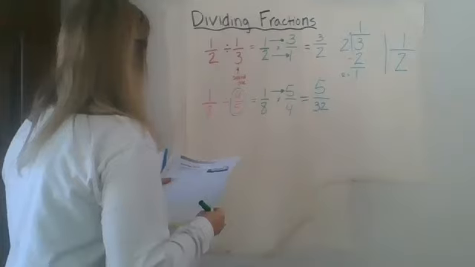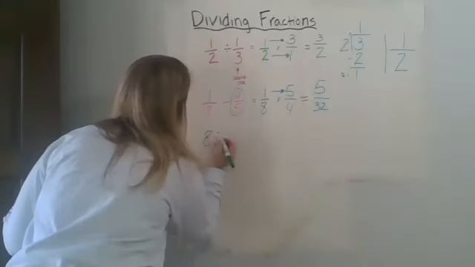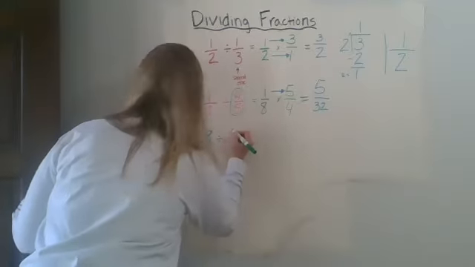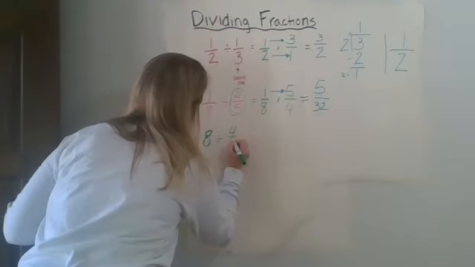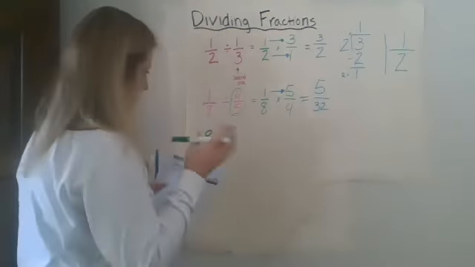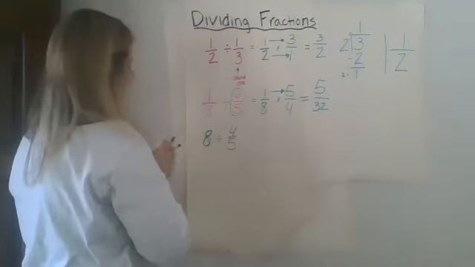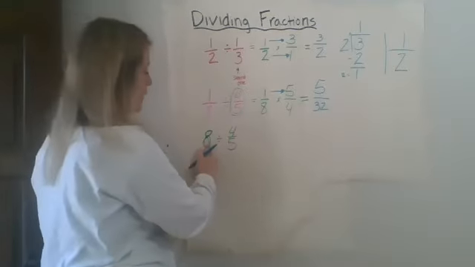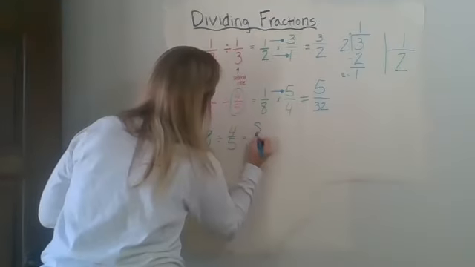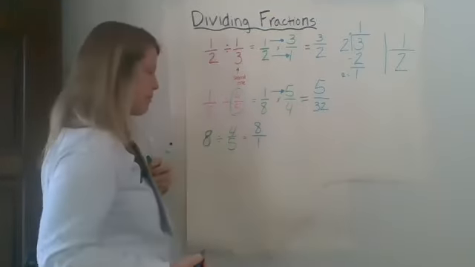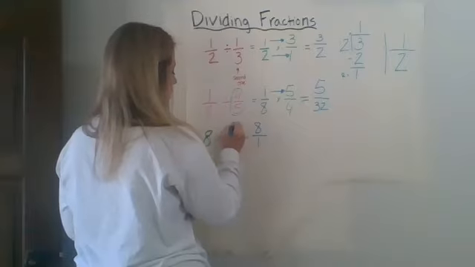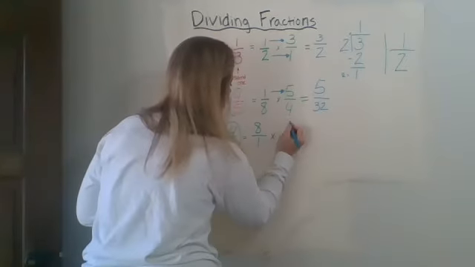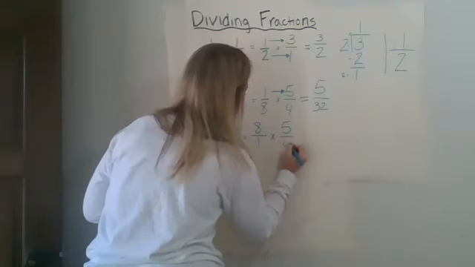So if I have 8 divided by 4/5, this problem looks pretty much identical, but it's a little bit different in the fact that we have to make this a fraction. This whole number has to turn into a fraction, which happens by making the 8 the numerator and a 1 the denominator. Then I have to create the reciprocal of 4/5, which means I'm going to flip it to 5/4.